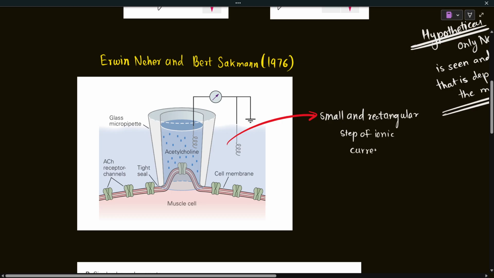This current is very small, but it is generated by the opening of ion pores that is letting through millions of ions. It is doing ion flux of millions of ions. We'll learn about the statistics as well. So they saw that a small rectangular step of ionic current is generated.